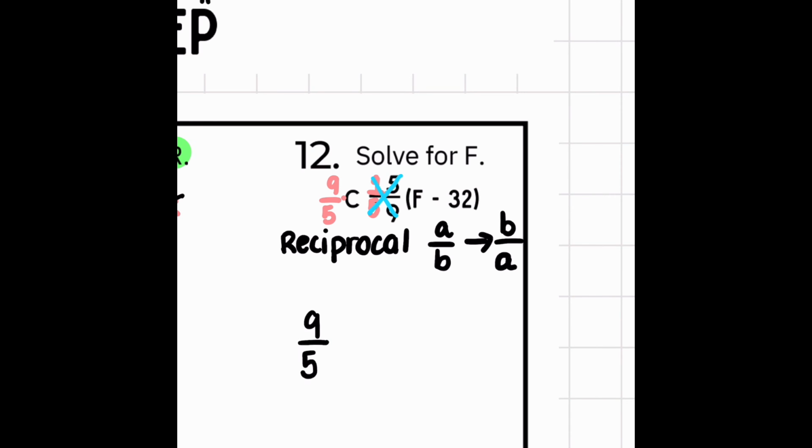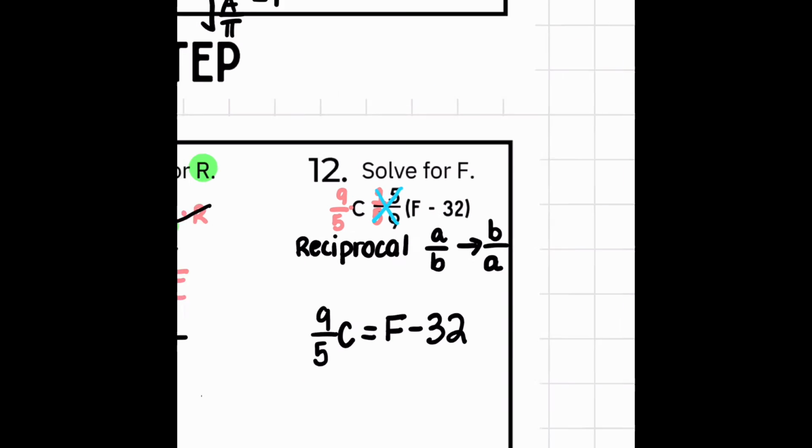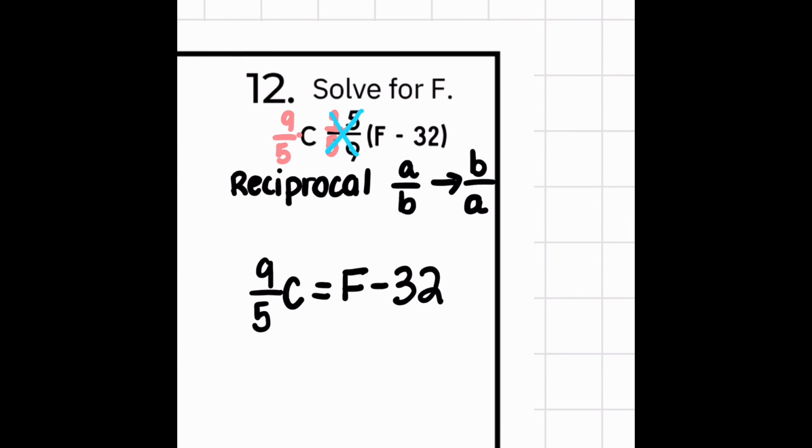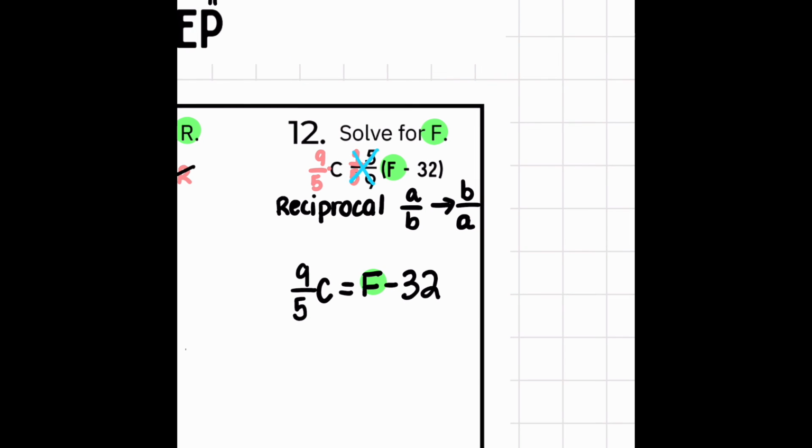So since they cross out, those are no longer there, and it just leaves me with 9 over 5c equals, and now that f minus 32 is outside of the parentheses. There's no longer a parentheses there because the fraction isn't there. And again, we're solving for f, so that's the reason we want to get that parentheses gone. So now to finish it, we need to get rid of that minus 32 because f needs to be by itself.